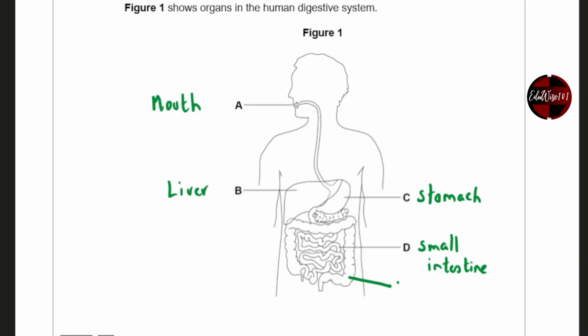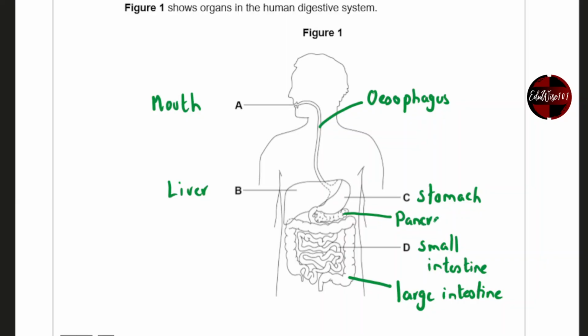That's the large intestine. That's the esophagus. What else? That's the pancreas, where insulin is produced. And the anus.